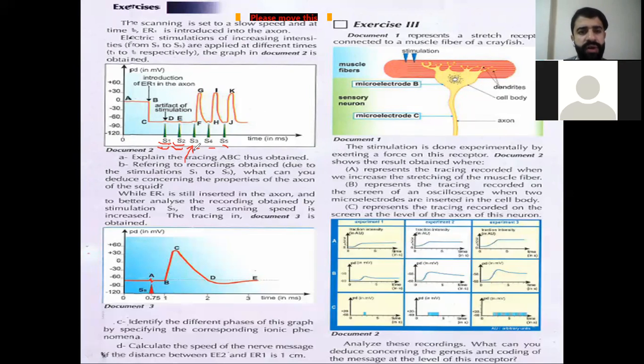This indicates that S3 is effective and is the threshold of excitation. So S3 is the first stimulation, the minimum stimulation intensity that causes the appearance of the action potential. We call it the threshold of excitation.